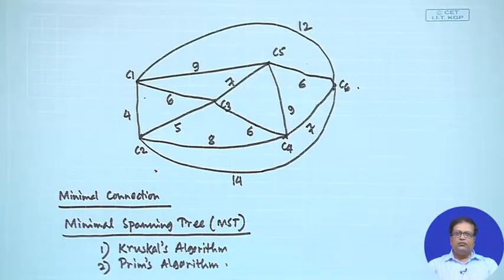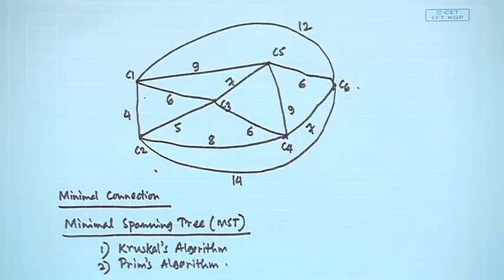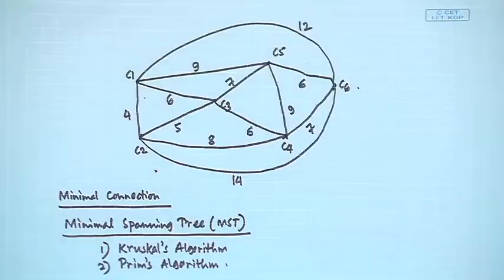Now, why do we need minimal spanning tree? Because these are the possible road connections between these 6 cities, and we have to find out which are the connections that we shall go for, so that minimally these 6 cities can be connected. This problem is finding nothing but the spanning tree which is having the minimum total weight, and that is called a minimal spanning tree.